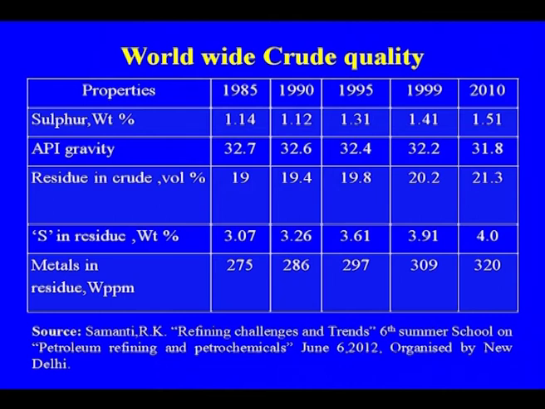Now we have 32 to 31. Similarly, the residue is increasing, and the residue sulfur is also increasing. So these are some of the changes we are facing because of the variation in the quality of the crude, even in the refinery.